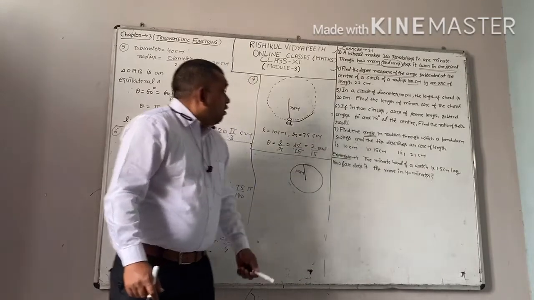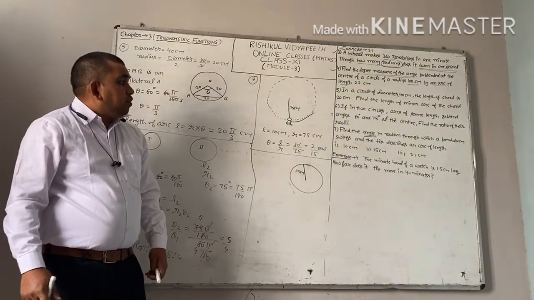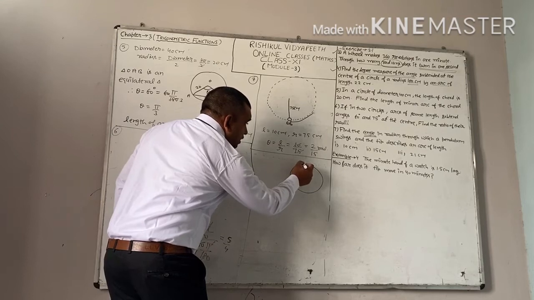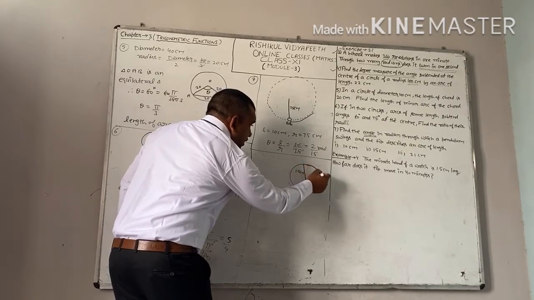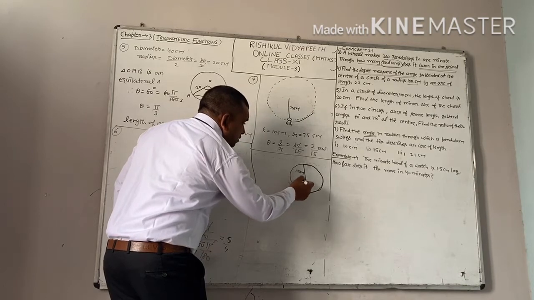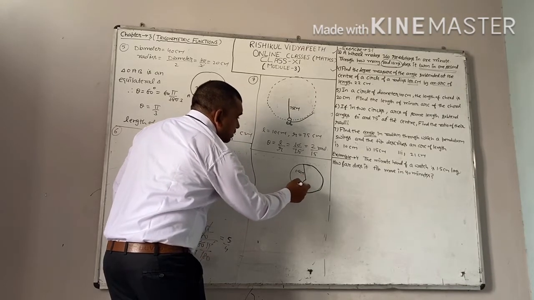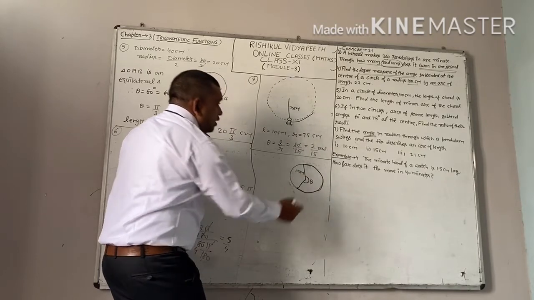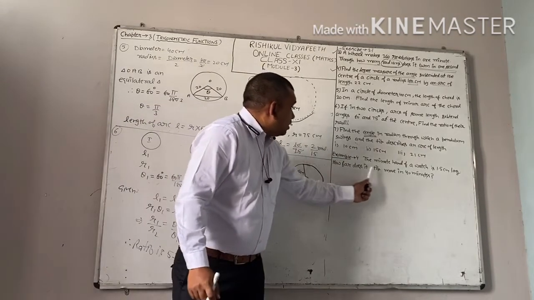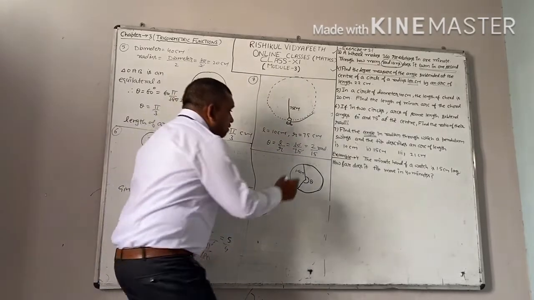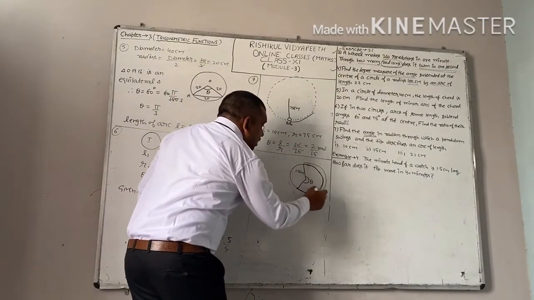Now, how far does its tip move in 40 minutes? When this minute hand starts moving, it will reach up to here. This is your 40 minutes. This is the angle theta. We have to find out in 40 minutes what is the length of this arc.